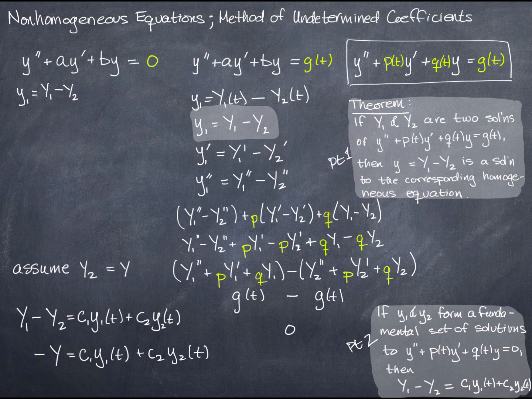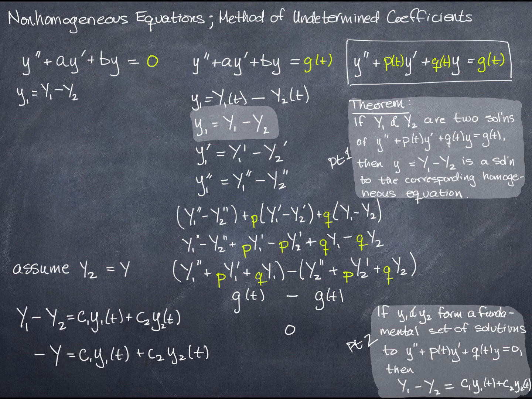And then let's also make an assumption about Y1, and that is that Y1 is one of two known solutions here, but it could be some other known solution, or it could be some unknown solution. But when we demonstrated this theorem before we actually wrote it out, we said that big Y1 and big Y2 were known solutions of this non-homogeneous differential equation, but we don't actually have to know them, right?